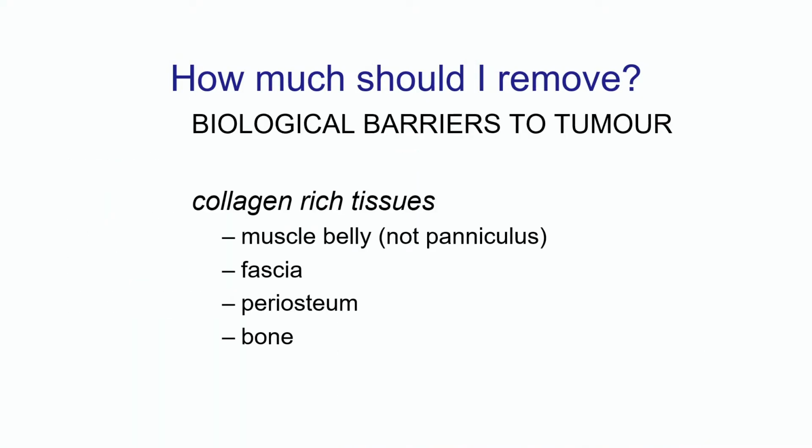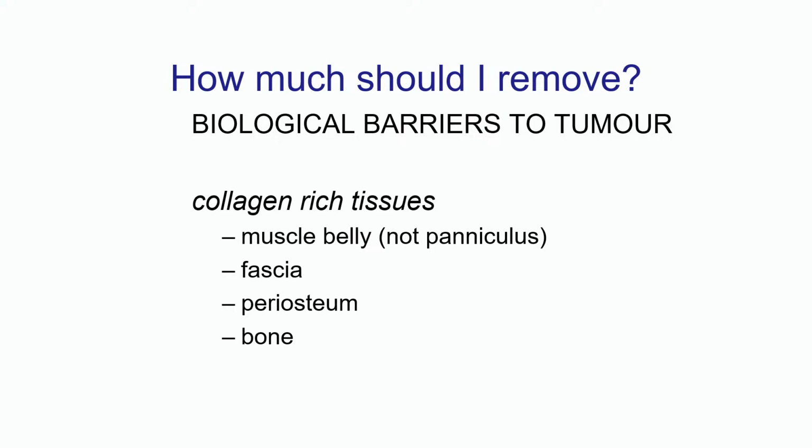So what forms effective barriers to tumor extension? It's essentially any thick, fascial or collagenous tissue that we might encounter. So muscle belly is always a good option, and the thicker the muscle belly, the better.